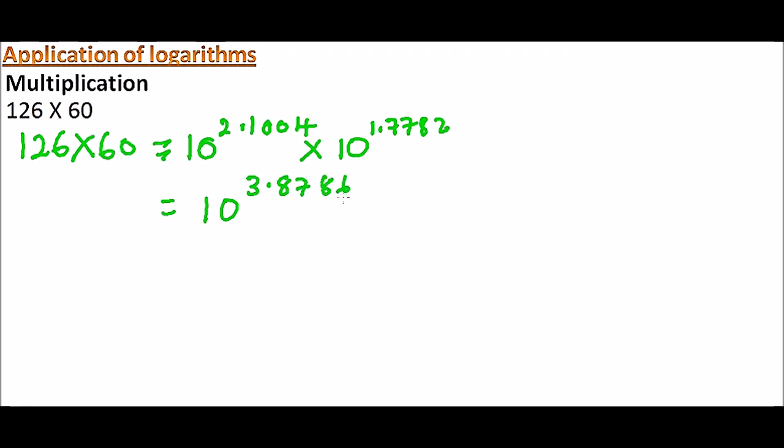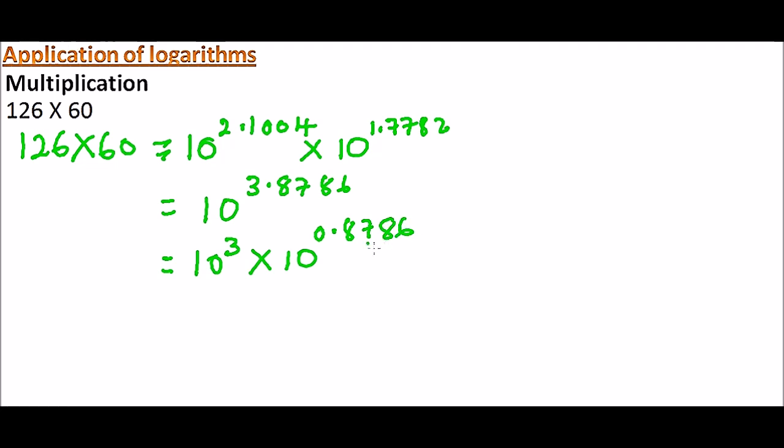3.8786. Now we can separate this and write it as 10 cubed multiplied by 10 to power 0.8786.